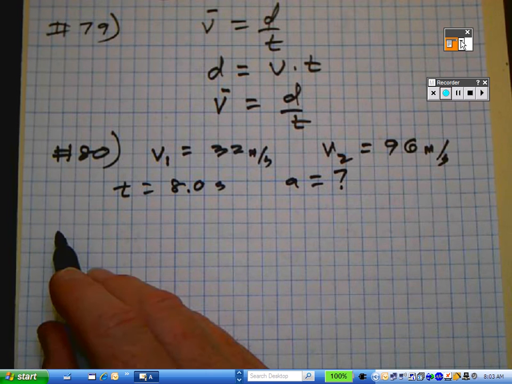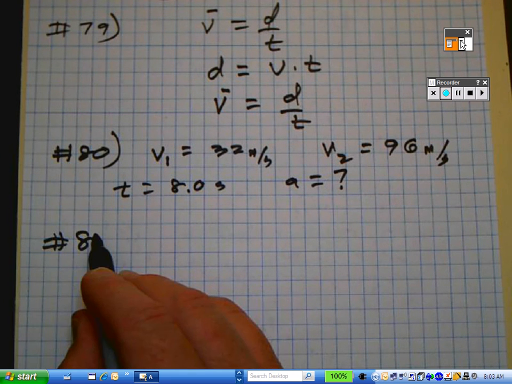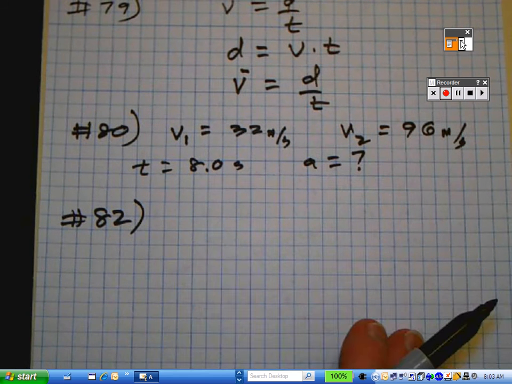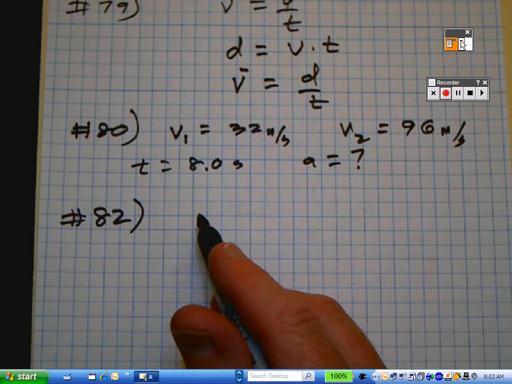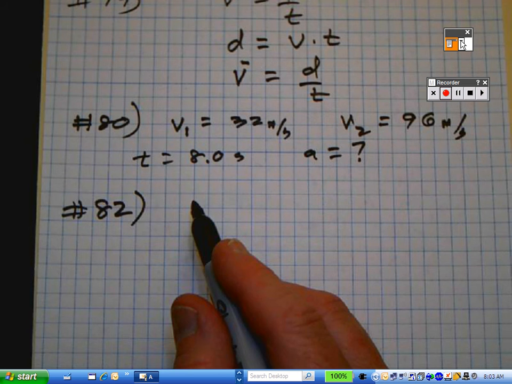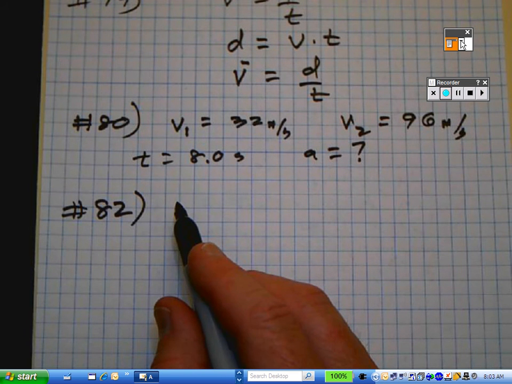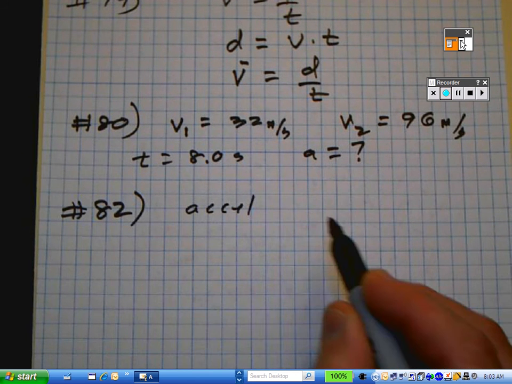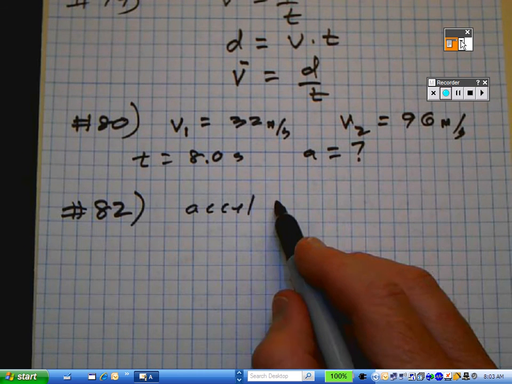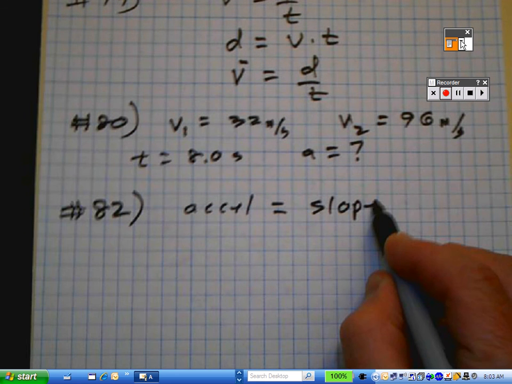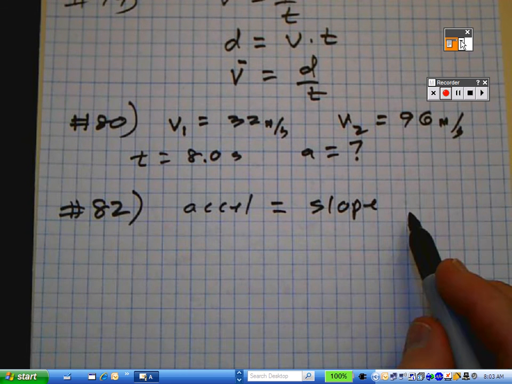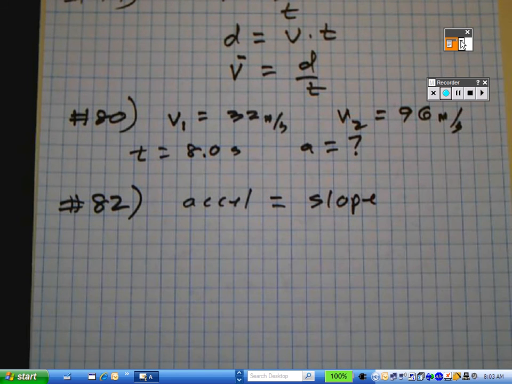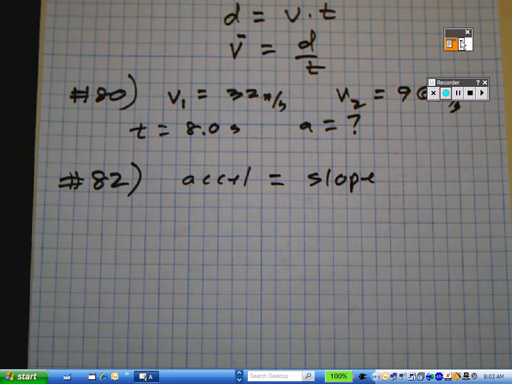Take a quick look now at number 82. And again, I'd advise you to click pause to work these out if that would help you a little bit. 82 has to do with the graph of velocity versus time. In each interval, we're asking for the acceleration. What you need to recognize regarding graphs is the acceleration is the slope of the velocity graph. Now, it's the slope of the graph, and it's the tangent if it's a curve.